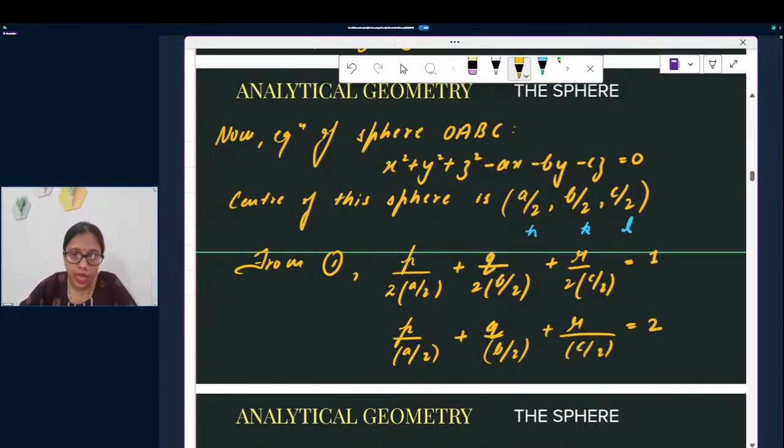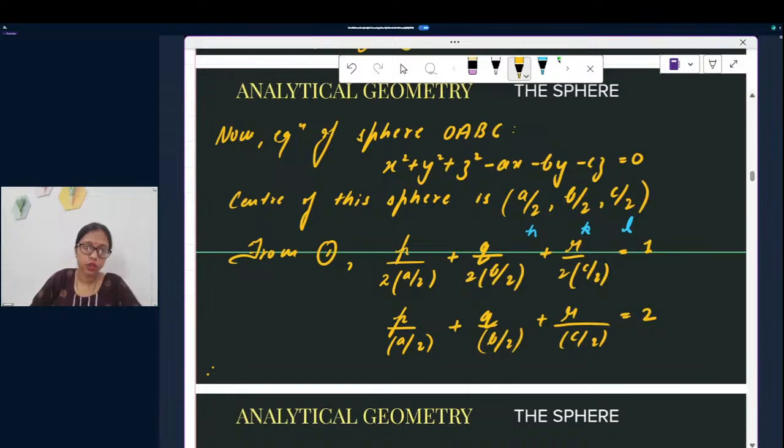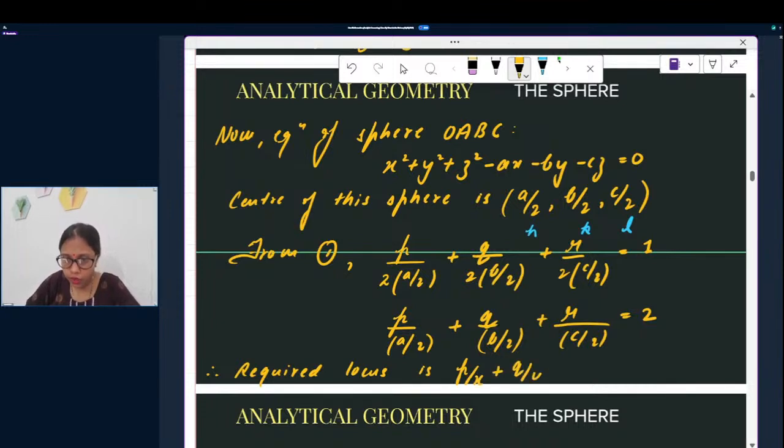Now you have a relation, and p, q, r are allowed to be in the final answer because they are given in my question. So therefore, what is the locus? The required locus is p by x plus q by y plus r by z is equal to 2.